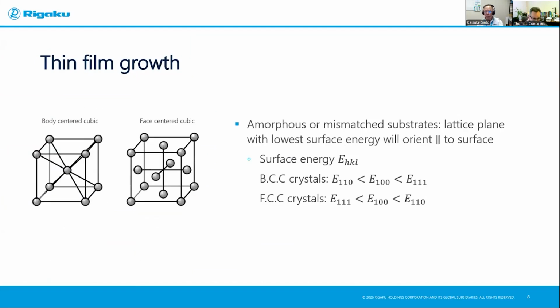If you sputter or deposit your film on an amorphous or largely mismatched substrate, the lattice planes with the lowest surface energy will orient parallel to the sample surface. For example, if your layer has a body-centered cubic structure, the 110 atomic plane has the lowest surface energy. If your sample is face-centered cubic, the 111 atomic plane has the lowest surface energy.